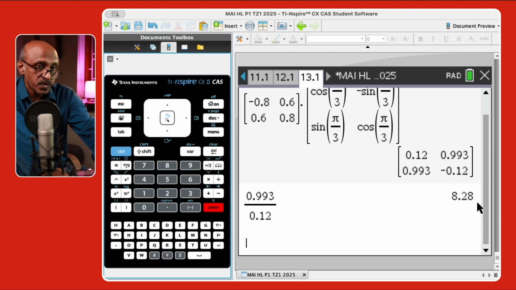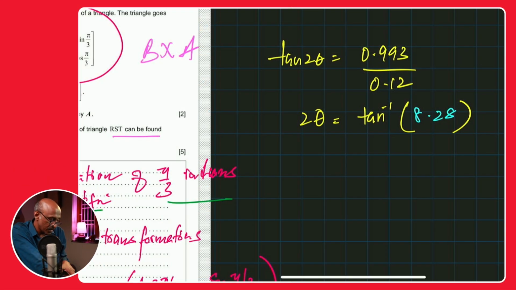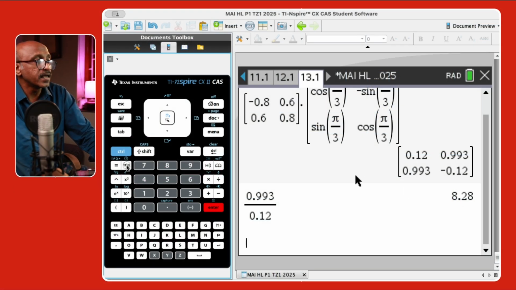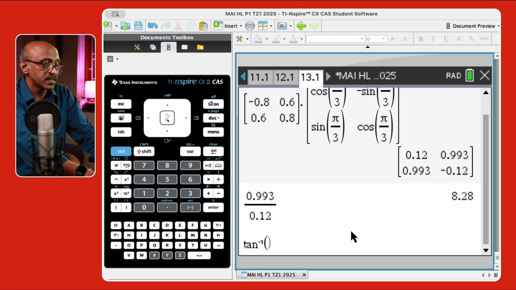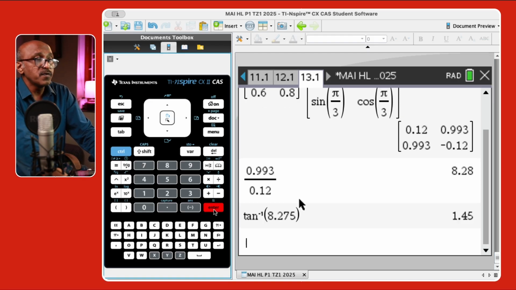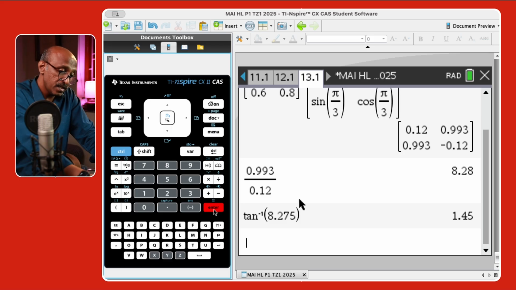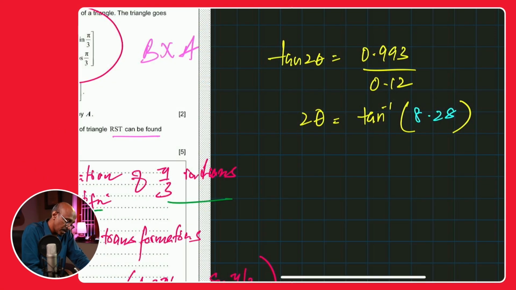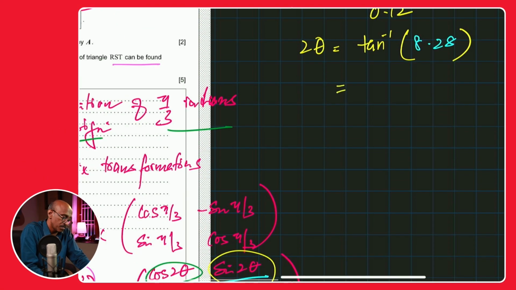And 2 theta then should be equal to tan inverse of that term. So we'll jump to the calculator, and again, tan inverse of that term is going to give me 1.45. This is 2 theta, so I'm just going to write down 2 theta is what?